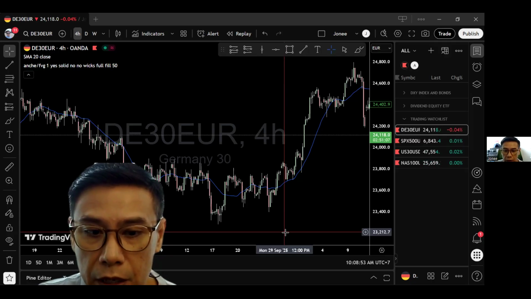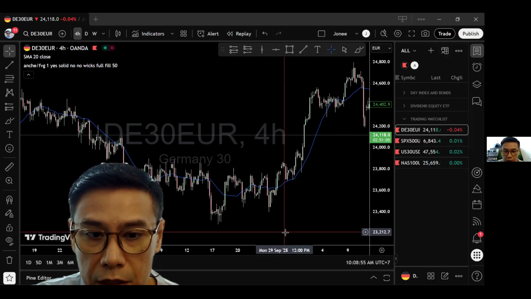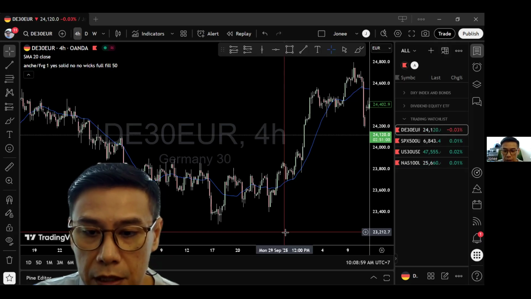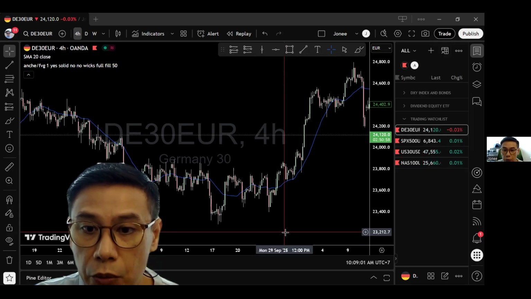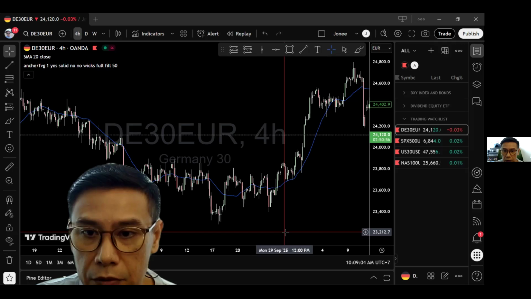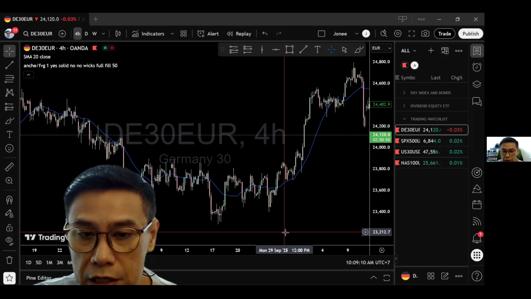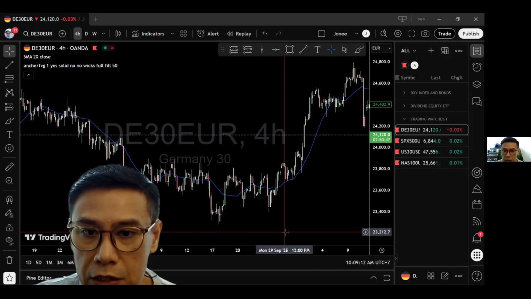They all have a naturally long bias, so in time, they always push higher. My general bias for these assets would always be to take long trades.